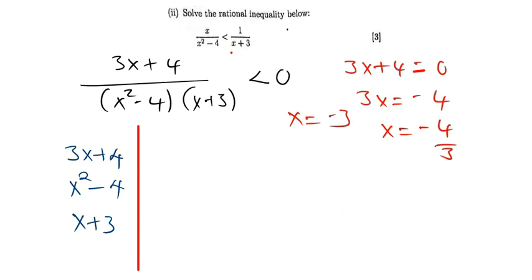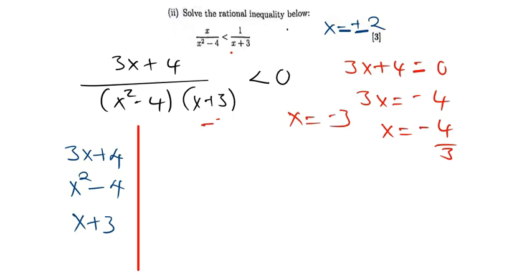So don't forget, we have x is plus or minus 2. So which one is the smallest number between negative 4 over 3, negative 2, and negative 3? I think negative 3 is the smallest.